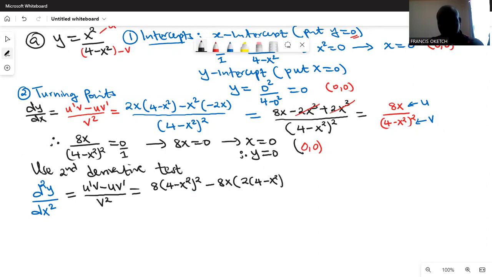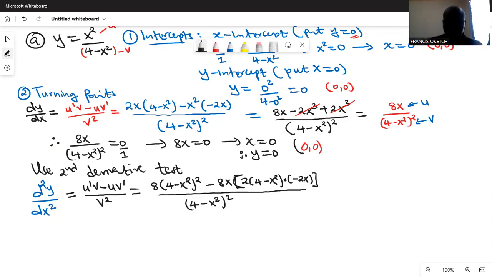I'm using direct chain rule, then times negative 2x. So this is v prime. The dot here means a multiplication over v squared. So that will give us 4 minus x squared. This is supposed to be squared.